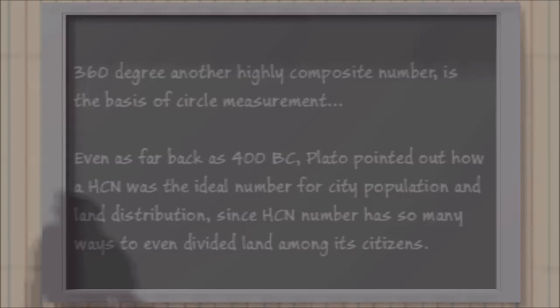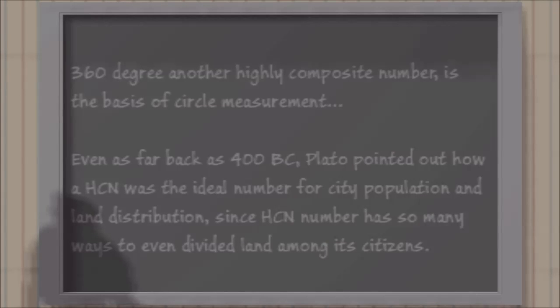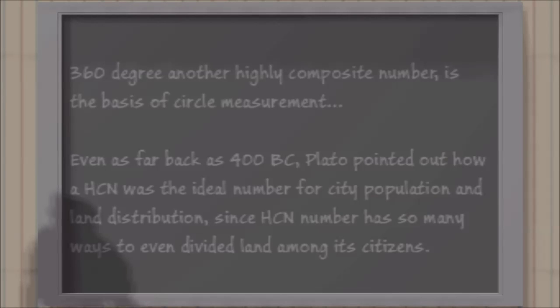Even as far back as 400 BC, Plato pointed out how highly composite numbers were the ideal numbers for city population and land distribution, since, once again, there were so many ways to divide land and to distribute things evenly among the city's population.